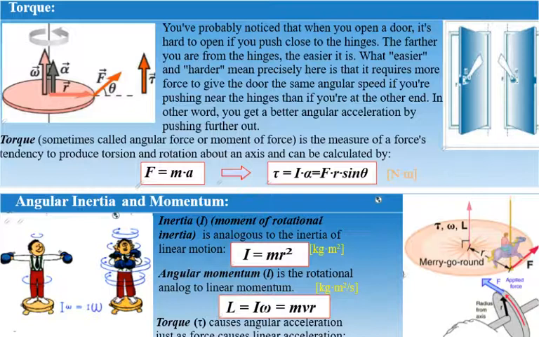So as you see here, the force is equal to ma, and torque is equal to inertia times angular acceleration, or force times the distance, how far the force is acting from the point of rotation, times the sine of the angle between the point where you apply the force and the object. And torque is measured in newtons times meters, because you have force times the distance in the formula.